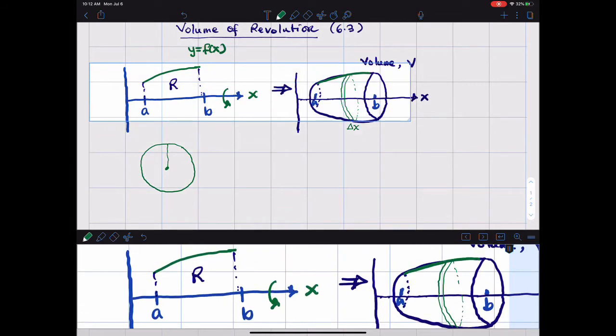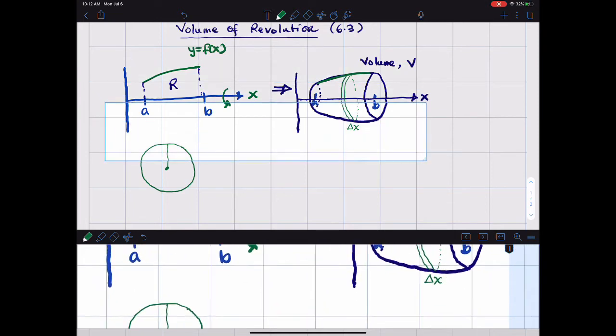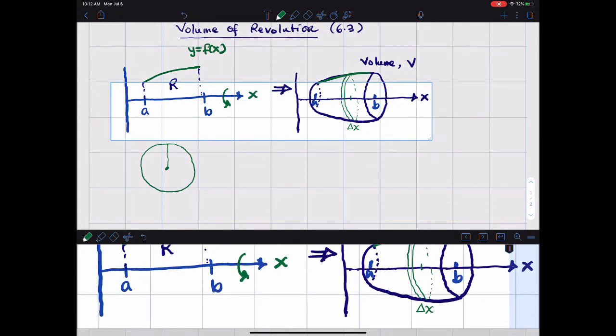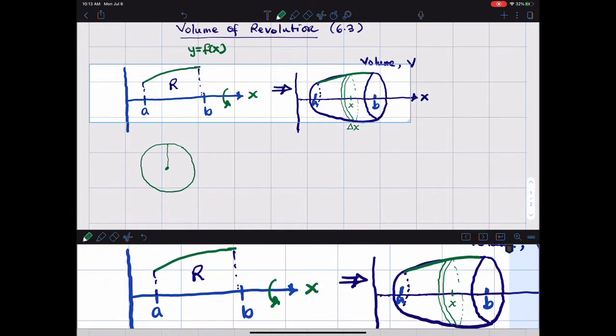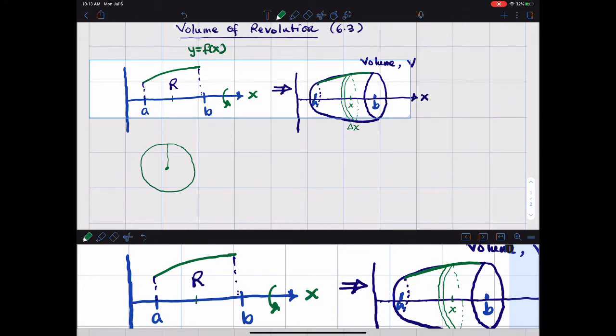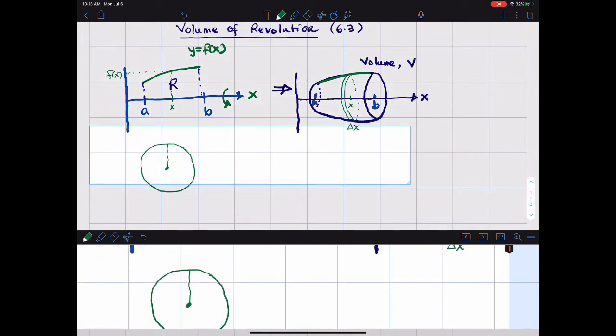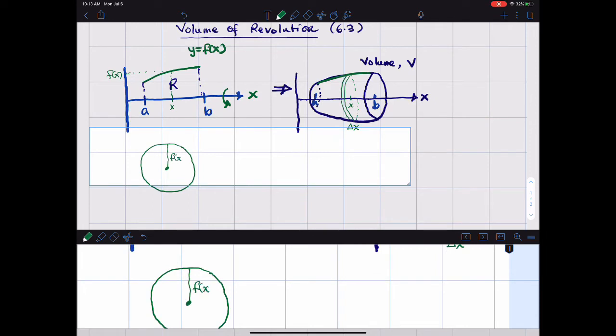Okay, so let's look for the radius. The radius, we slice this out at this point x. So if you go over here and you try to figure out x, the height of x, which is the same thing as the radius, is just f of x. So this radius is actually f of x.